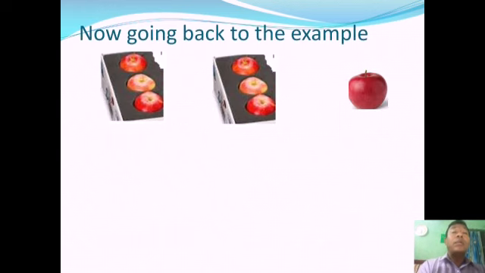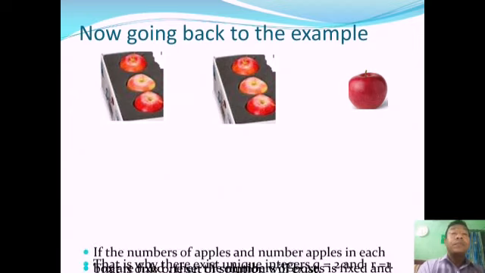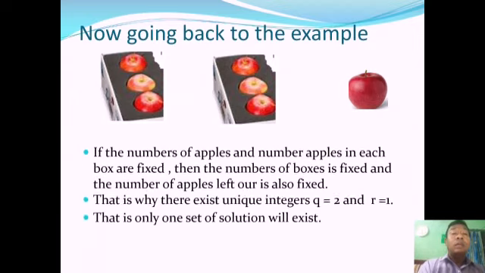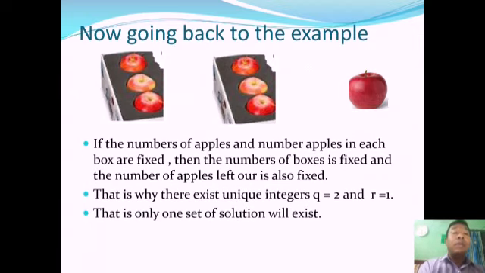Let us go back to our previous example. If the number of apples and the number of apples in each box are fixed, then the number of boxes is fixed and the number of apples left out is also fixed. That is why there exist unique integers Q equal to 2 and R equal to 1. That is, only one set of solution will exist.